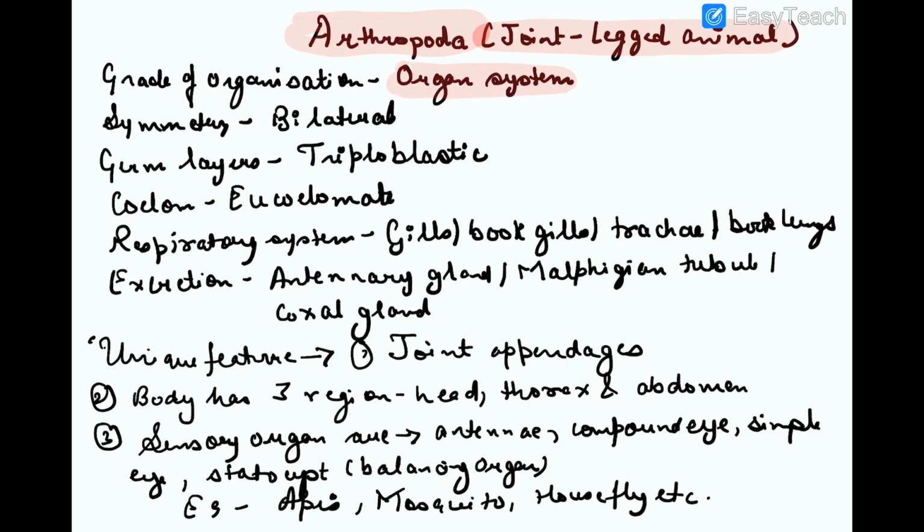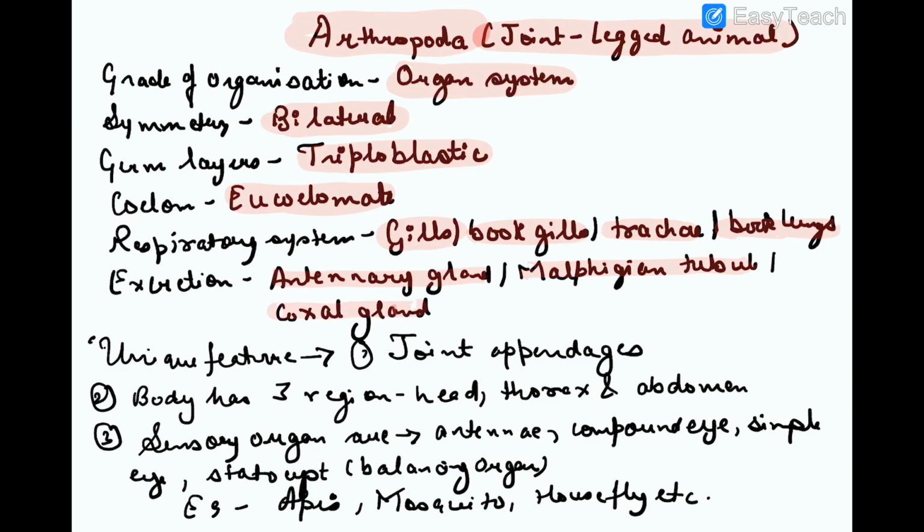Symmetry: they are bilaterally symmetrical. Germ layer: they are triploblastic. Coelom: they are eucoelomate. Respiration occurs by gills, book gills, trachea or book lungs. Excretion is by antennary glands, Malpighian tubules or coxal glands.